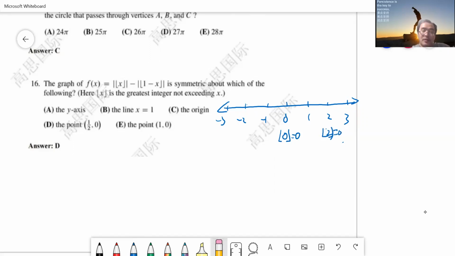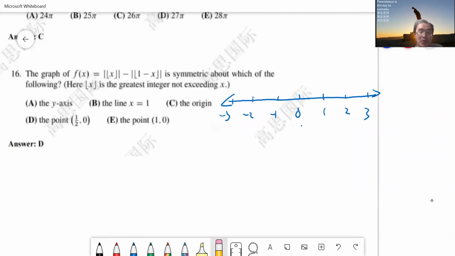Okay, so then I'm going to stretch a little bit to make more room to write. So this is going to be flooring. So 0 is 0, and I use a different color to tell the difference. 0, then this is going to be 1, this is going to be 2, this is going to be 3, right?